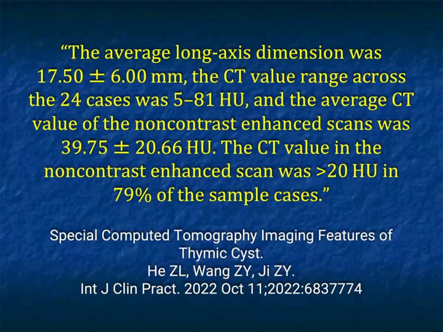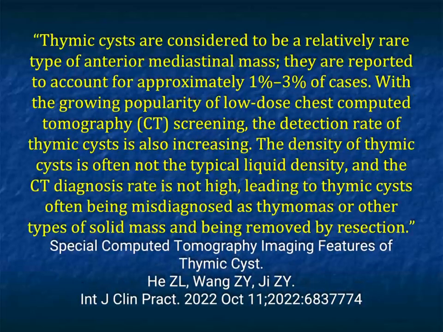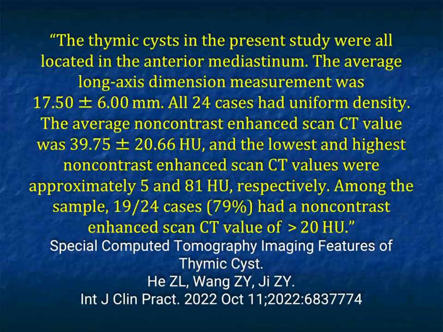Most of the ones I see are smaller, but they can be huge, which this article shows very nicely. Thymic cysts are considered to be a relatively rare type of anterior mediastinal masses. They're reported to account for about 1 to 3% of cases, but we do pick them up because they're not always cystic, and they can be very small, although, as I mentioned from the last article, they also can be very large.